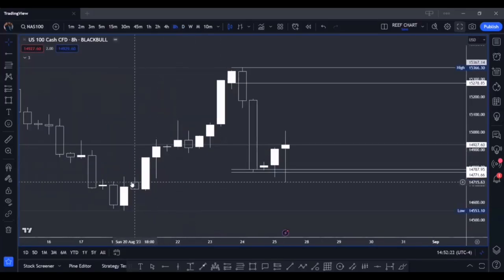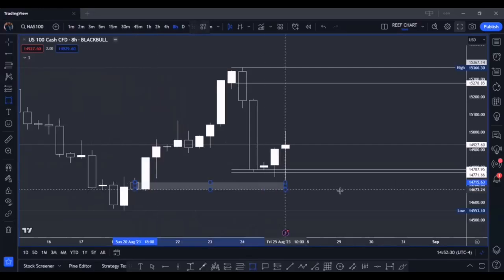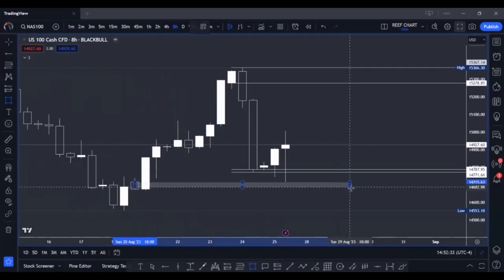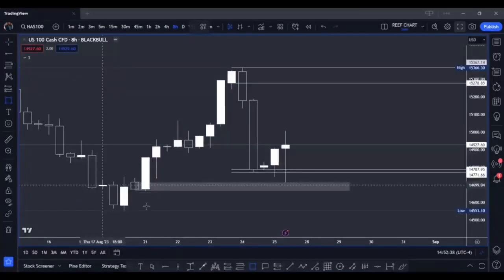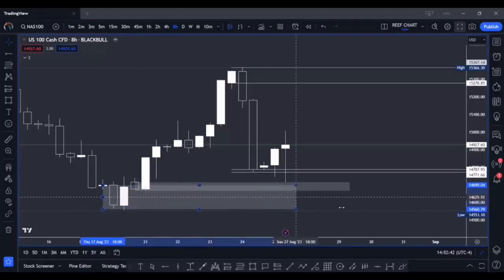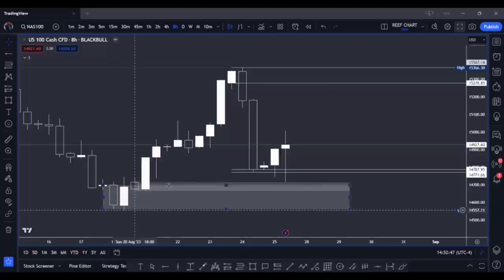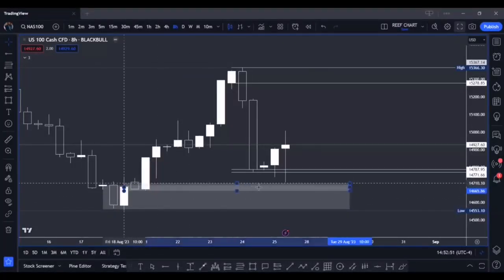So this was the order block over here, and this was the propulsion block, and it's very beautiful how we tapped into that propulsion block. And then over here, we had our first expansion to the upside, which would be a demand zone, or the original order block. So this one would be the first source, and the propulsion block would be the second source order block, right?